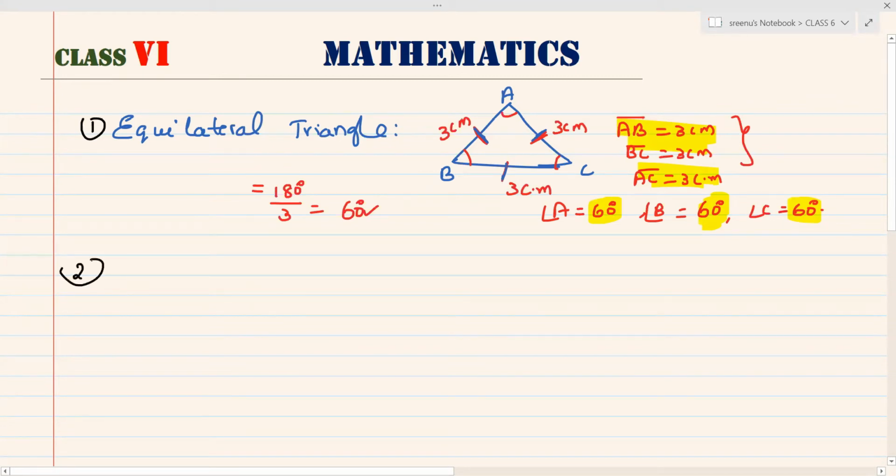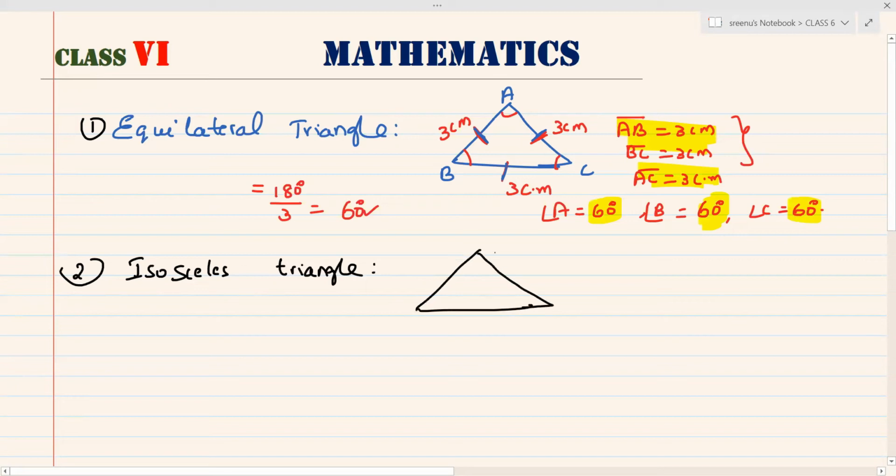Next we'll go with the isosceles triangle. What is the definition of an isosceles triangle? Let me take a triangle.